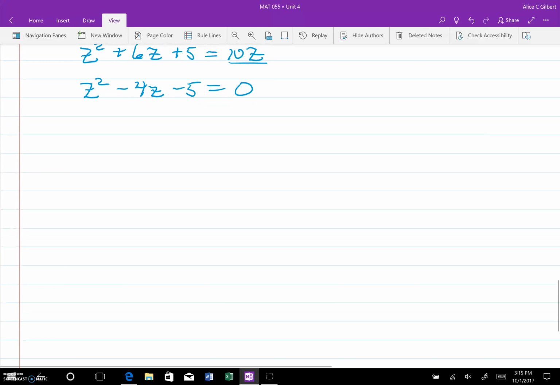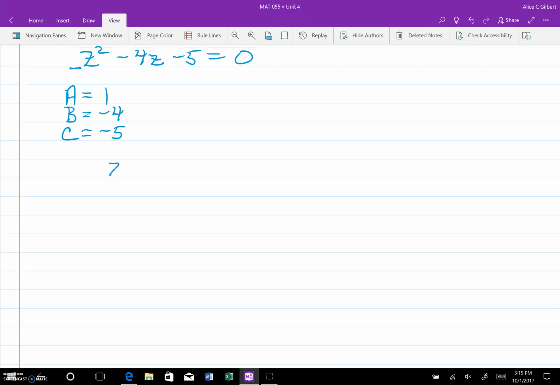Again, always try the factoring first. But of course, we're just learning about the quadratic formula, so we're going to use that one. Okay, the coefficient in front of this guy is a 1. And then this one, b is negative 4. And c is 5.